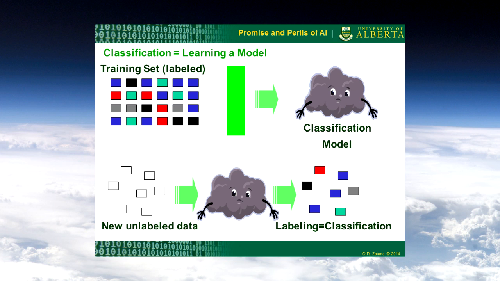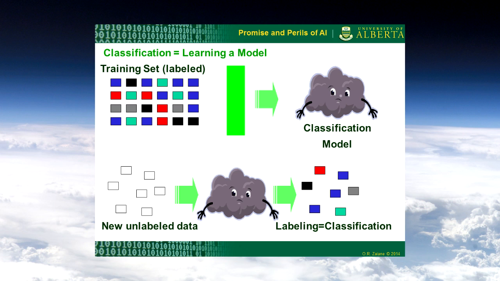The model will say, what are the features that discriminate between this class or that class? The classes are the buckets in this case. Then that model, I'm representing it as a cloud. It can be different things. It can be rules. It can be a formula. It can be many different things. There are many ways of creating that.